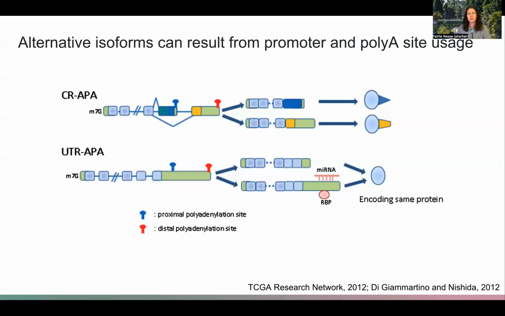But there are also regulatory regions in the 5' and 3' UTRs of transcripts which can predispose the isoforms to post-transcriptional regulation. A particularly canonical example of this is the 3' UTR being used to bind microRNAs or RNA binding proteins, which can predispose it to some specific post-transcriptional regulatory fate.